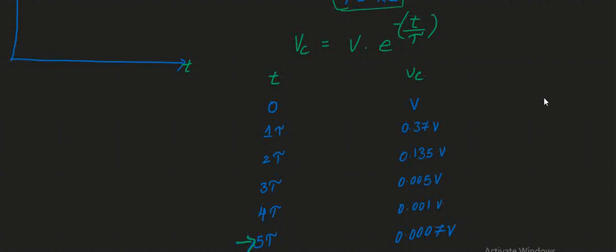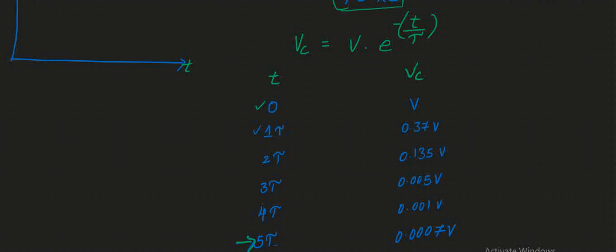So here you are going to get Vc is equal to V. Next, at t equal to 1 tau, V into e power minus 1 is nothing but 0.37 V. At t equal to 2 tau, Vc becomes 0.135 V. At 3 tau, 0.0505 V. At 4 tau, 0.001 V. At 5 tau, 0.007 V. It means that at 5 tau, approximately your Vc is reaching 0.